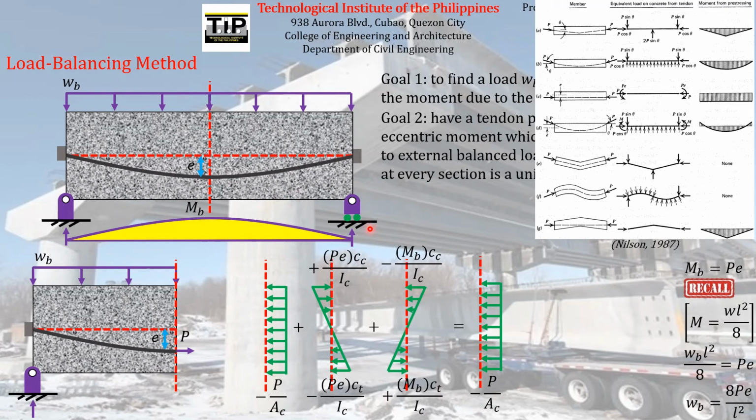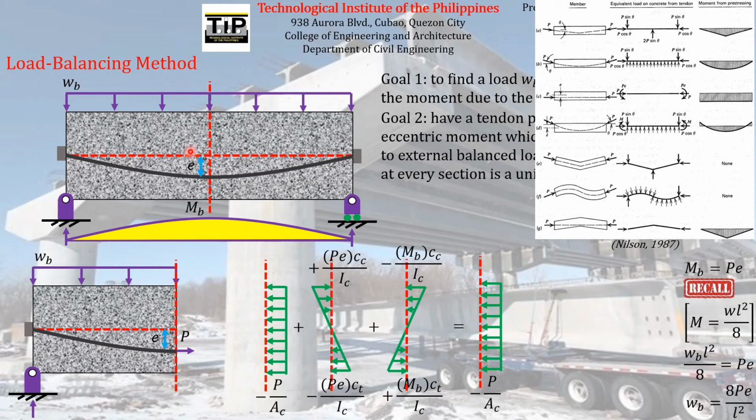Everything that we are talking about here now for the load balancing method is in service load condition, wherein the load being carried by the concrete element is the total service loads. And again, just like what I have said before, the balance load here is just a portion of the total service loads. So meaning, there is still a remaining load that will be carried by this concrete element.